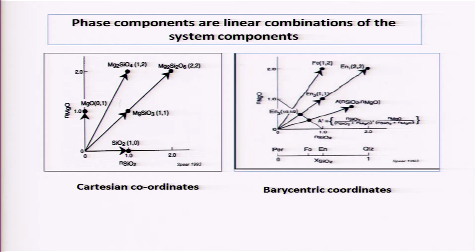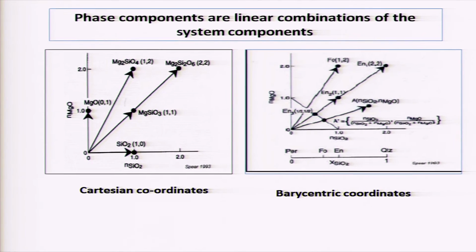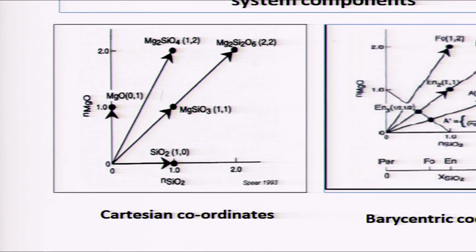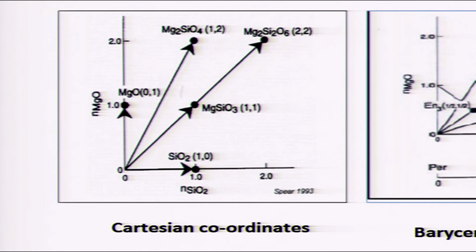Let us look at a 2 component system. A 2 component natural system here is that of SiO2 and MgO as the 2 system components.